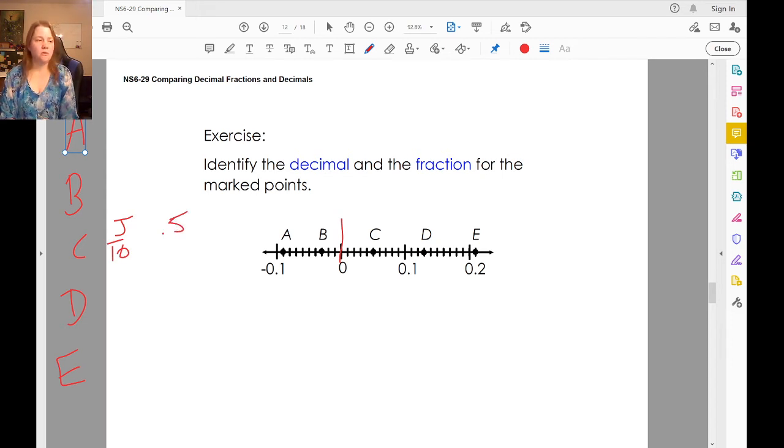Oh, but wait a minute. That's actually not right. What is the problem with what I just did? Let's take a look. So this is not 0.5 because this is 0.1. Would it make sense to have 0.5 and then 0.1? No, it would not. So what's going to happen here is that this is going to be 0.05.